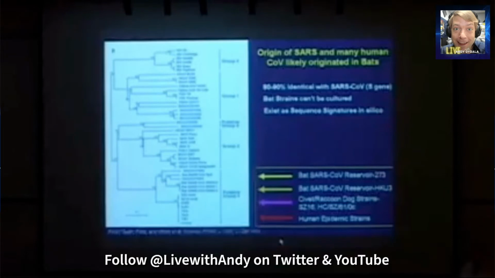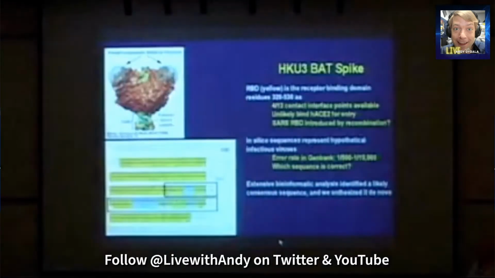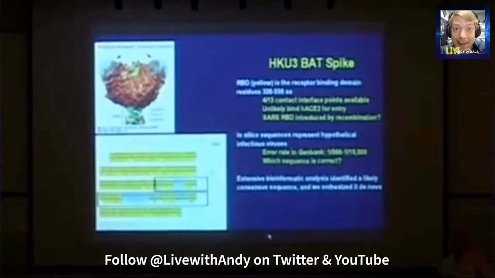So we decided we were going to synthetically resurrect the entire virus. Before we started, it's important to note this is a cryo-EM reconstruction of the SARS glycoprotein spike. Notice that there are 3 receptor binding domains shown here with bubbles that engage the ACE2 receptor. If you look at the sequence, the receptor binding domain shown here in yellow has a large amount of sequence variation, especially within the contact interface residues that engage the human ACE receptor.